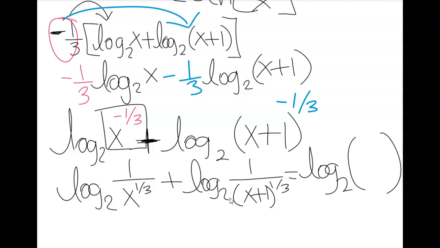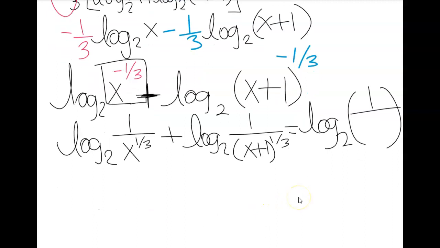And the argument will be 1 over, and actually, I'm going to write this one as a cube root of x. And then this one could also be a cube root of x plus 1.